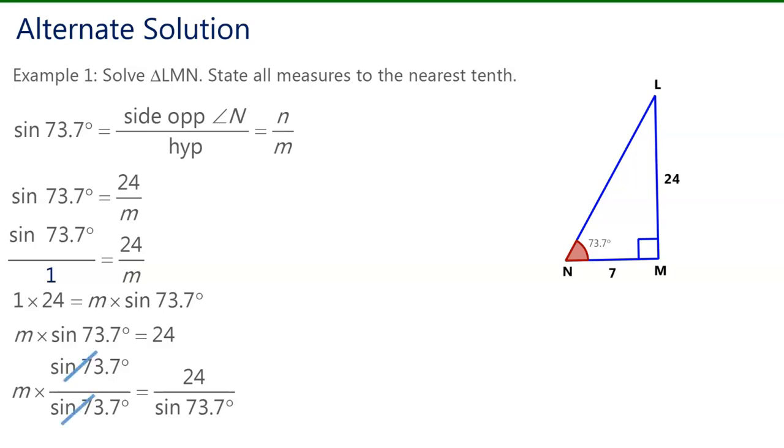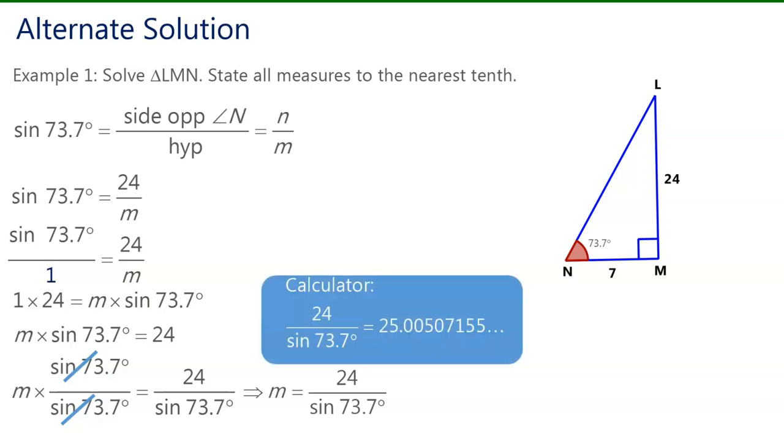And these cancel because this is just equal to 1. This gives us m equals 24 divided by sine 73.7 degrees. We can take our calculator, and 24 divided by sine 73.7 degrees equals 25.00507155 continuing. So m is 25.0 to the nearest tenth.